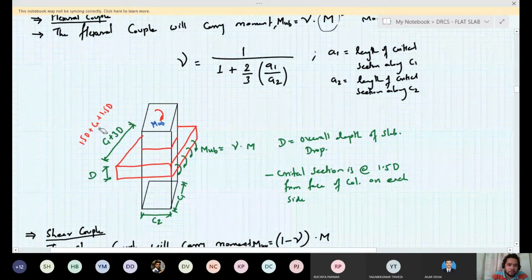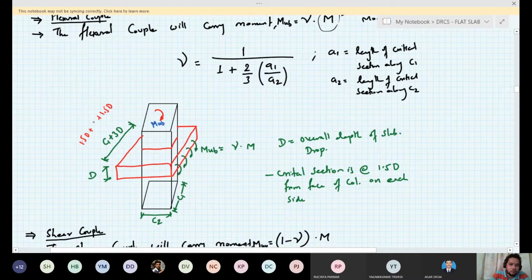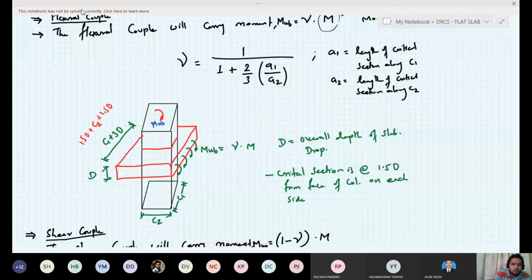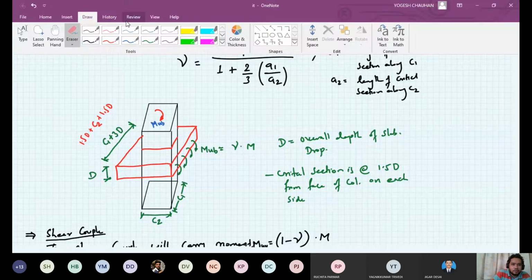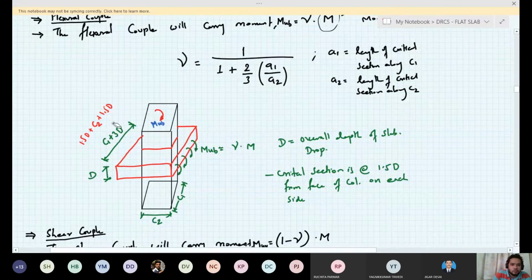Let us change this to C2, so it is not confused later on. This is C2, this is also C2, and this is C1.